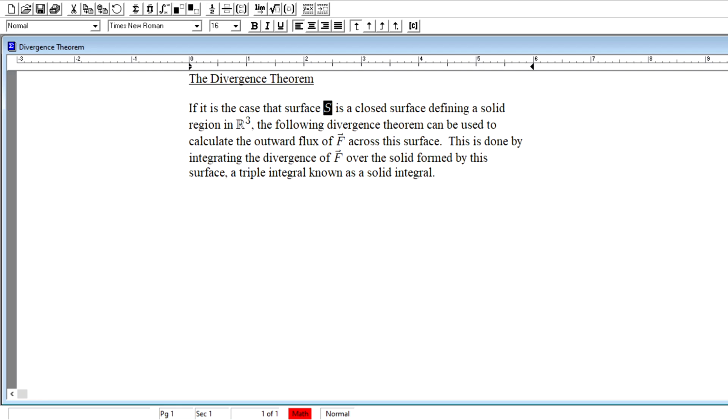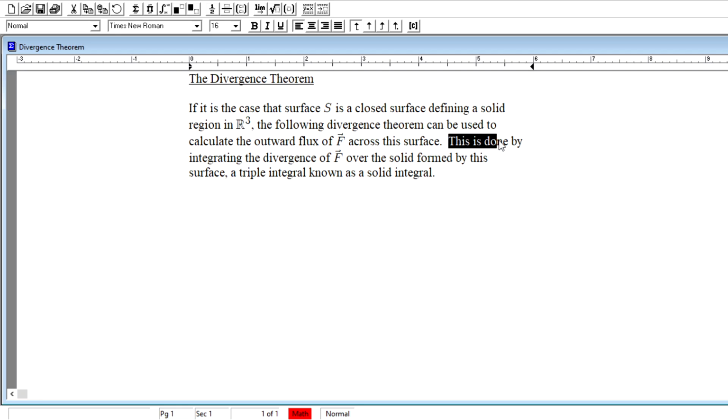And if S is a closed surface defining a solid region in R3, the divergence theorem can be used to calculate the outward flux of that field across the given surface, right?